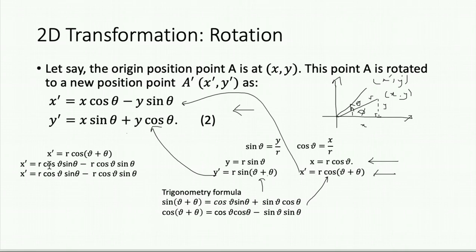I need to make some changes: this one is cos, this one is sine, this also sine, and this is cos. Hence for this part, r cos alpha is equivalent to x, and r sine alpha is equivalent to y.